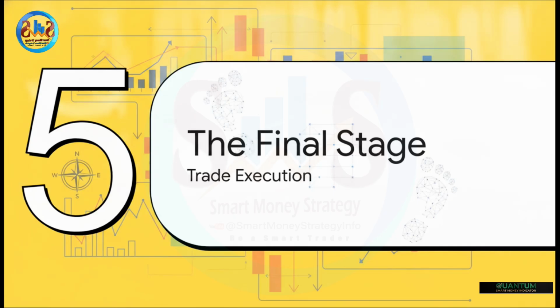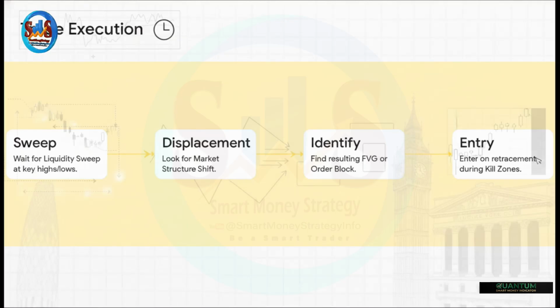Okay, we've made it to the final stage, the Masterclass trade execution. Let's tie all of these concepts and footprints together into one elite, highly logical sequence. By combining higher time frame market structure, specific timing like the London or New York kill zones, and strict confirmation entries, you completely strip away the guesswork of traditional indicators.